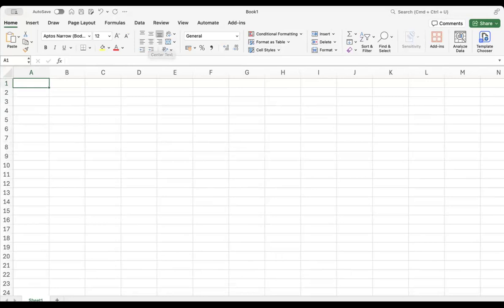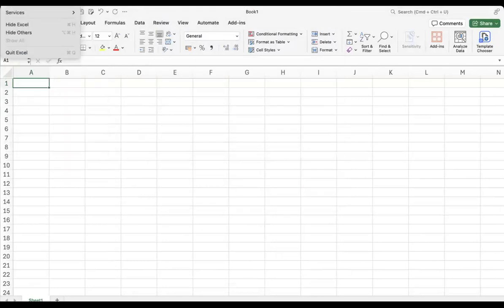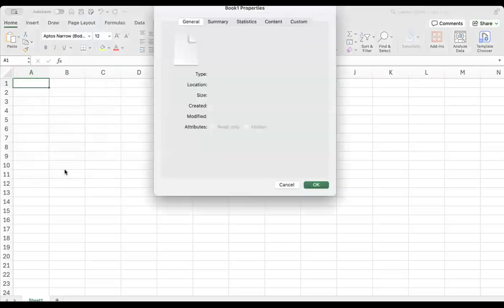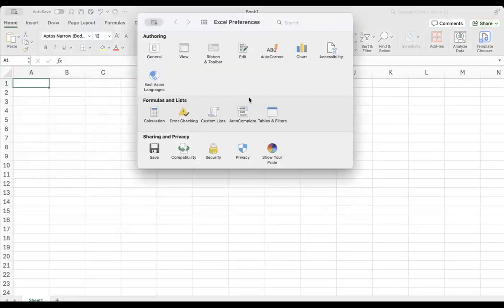Let me check where to install it. I think in File and Options. No? Preferences.